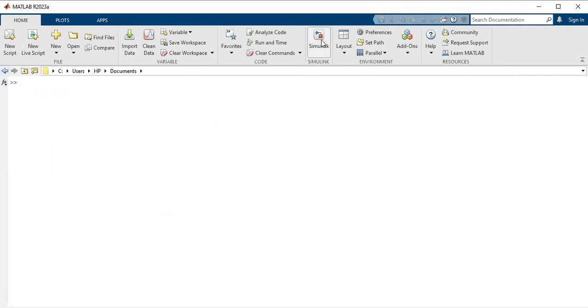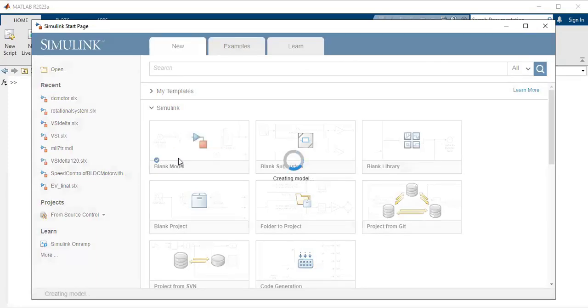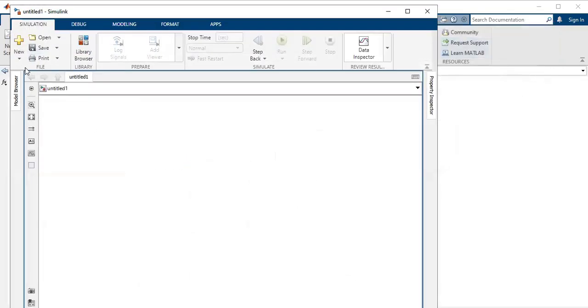Then we click on the Simulink library browser. Once the browser is opened, we create a blank model. Click on the blank model, and then we will get a screen like this. Now we are going to draw the block diagram.